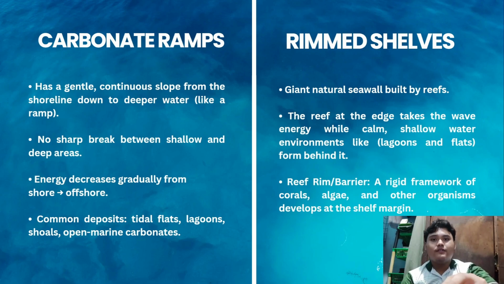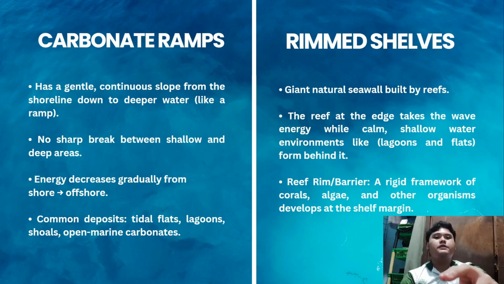Wave energy decreases gradually from the shore onto the offshore. And the most common deposits of the carbonate ramps are the tidal flats, lagoons, shoals, open marine carbonates, and more.